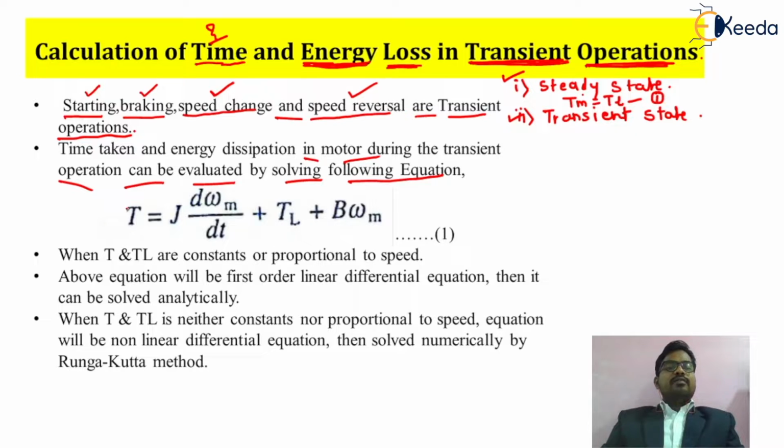The motor torque T is equal to J dωm/dt, where J is the polar moment of inertia and dωm/dt is the rate of change of angular velocity with respect to time, called the angular acceleration, plus TL, the load torque, plus B times ωm. B times ωm is called TV, the viscous friction torque of your motor.